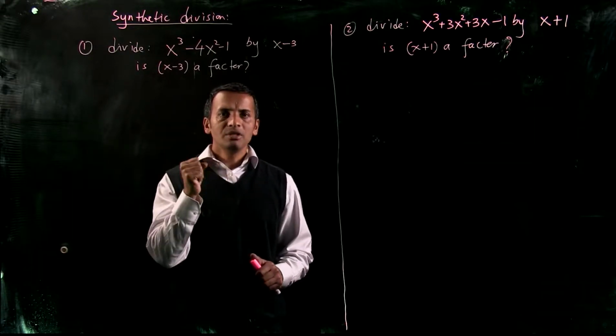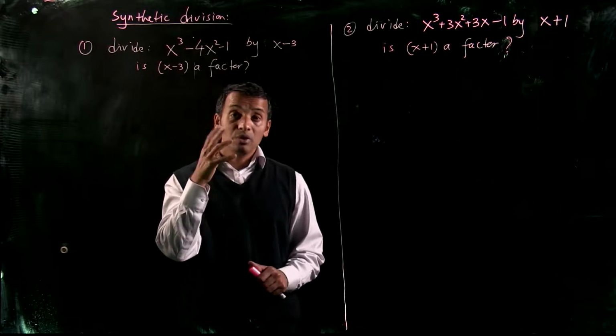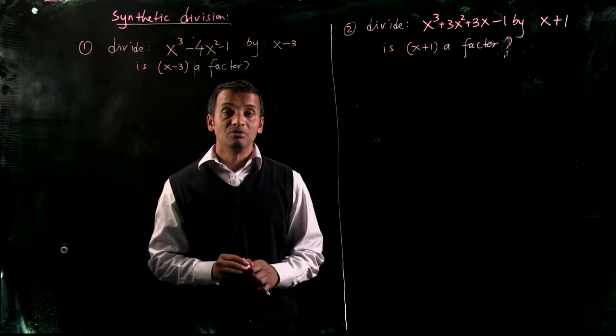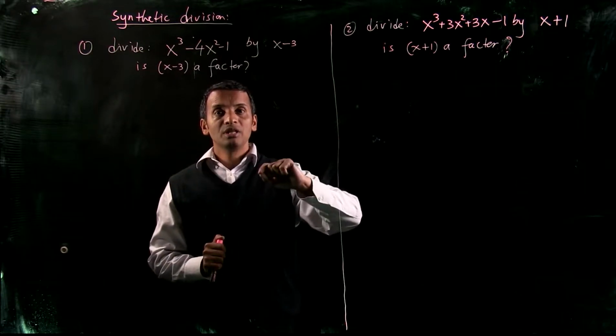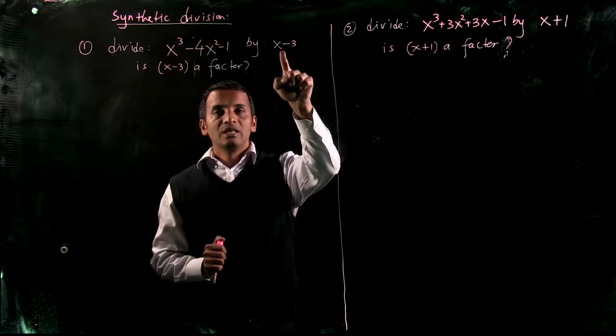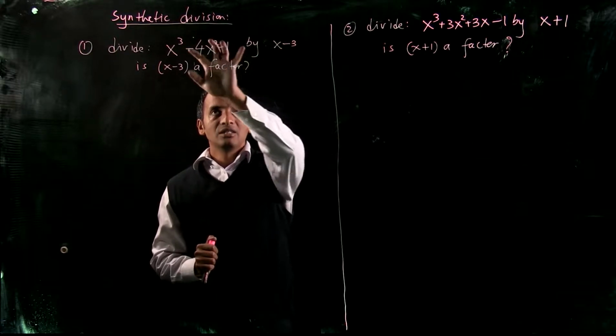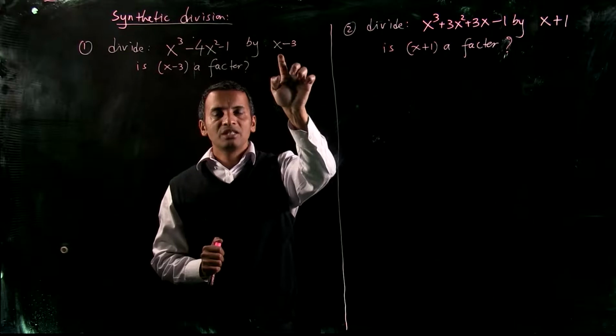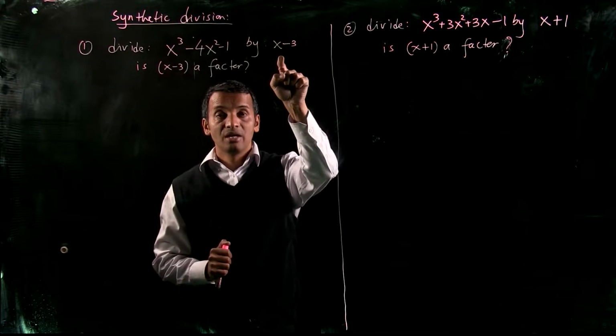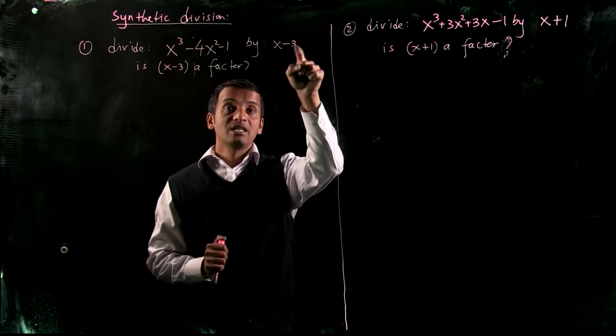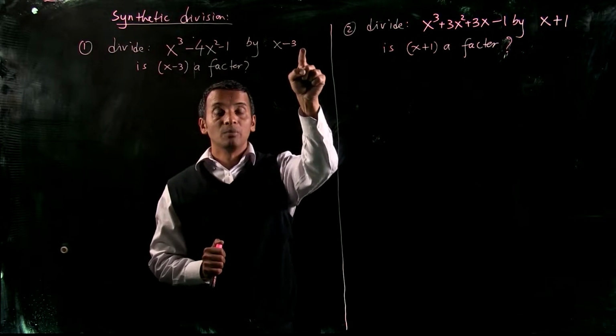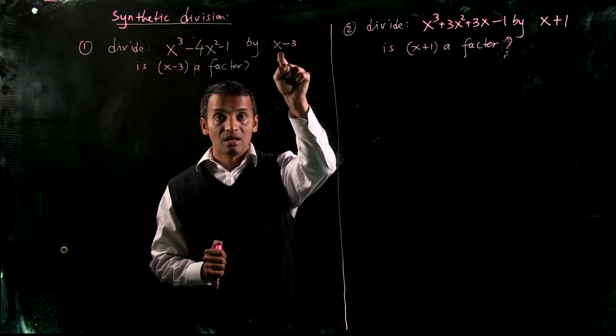Let me tell you when we can use synthetic division. To use synthetic division, the divisor must start with x. It can be x minus a number or x plus a number, but it must be x by itself.